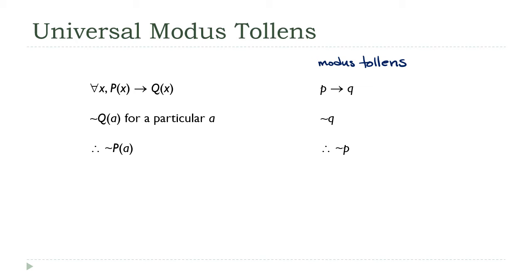Both forms start with a conditional statement, and then the negation of the consequent, and they conclude with the negation of the antecedent. So this is where we get the name of our new form, and it's up in the title of the slide. This is what we call universal Modus Tollens.